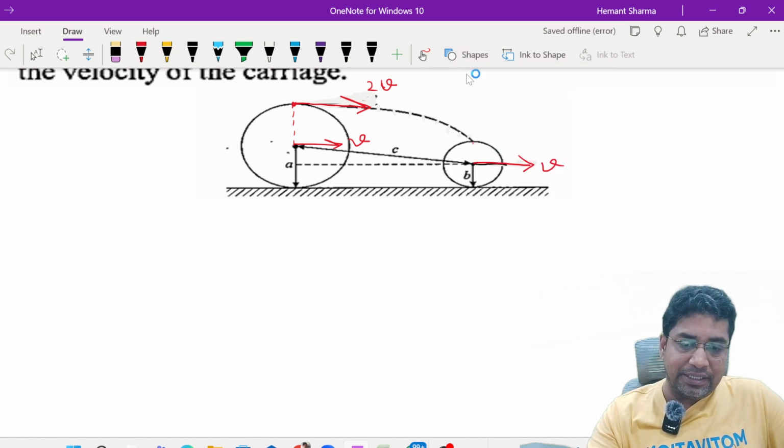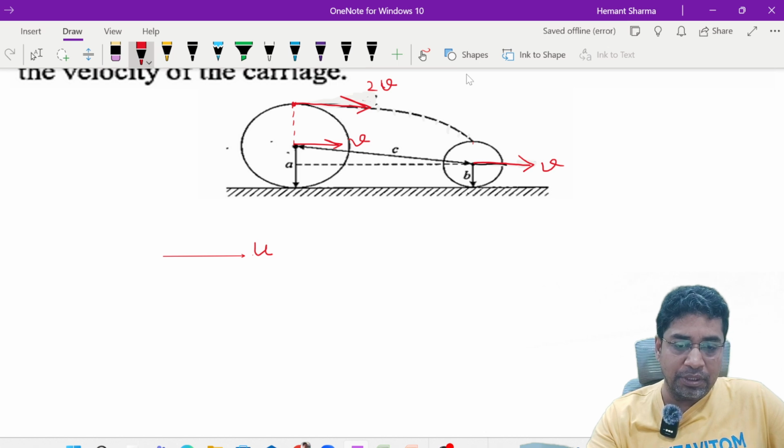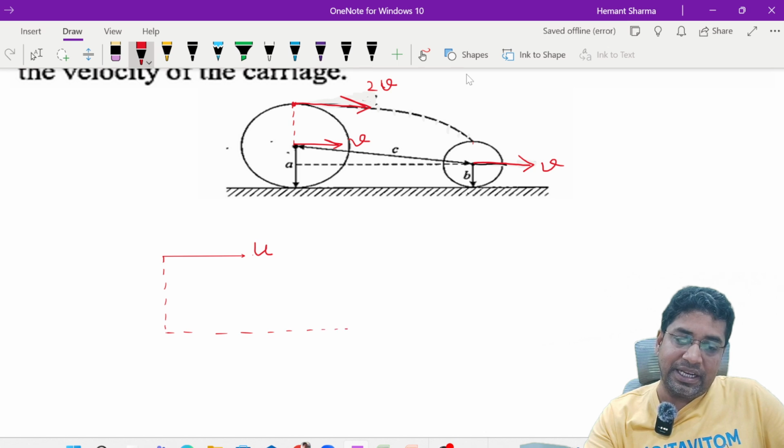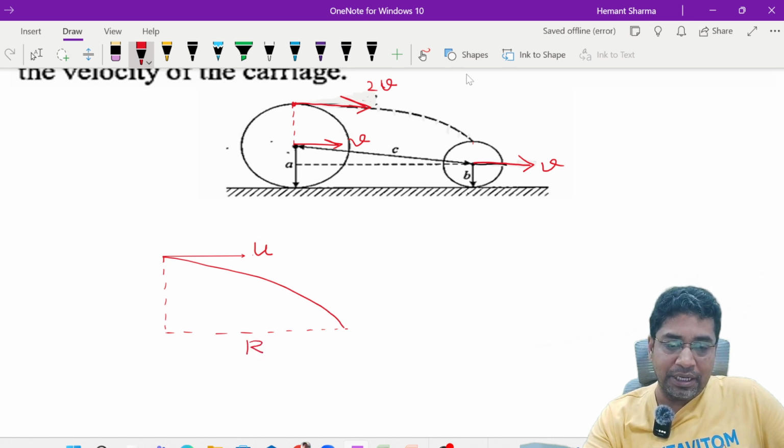It's like there is a horizontal projectile moving with, let's say, a speed u, and it is getting landed at a particular point, let it be R, and this height is h.